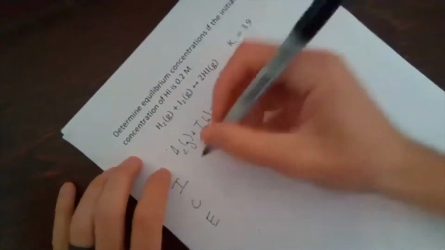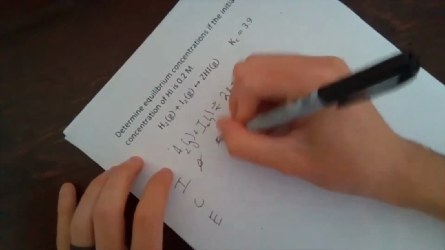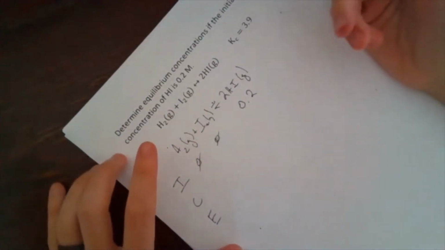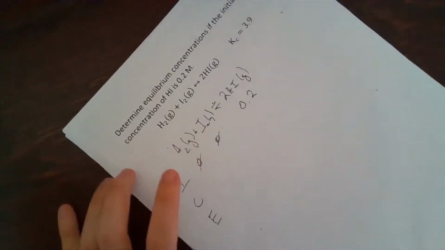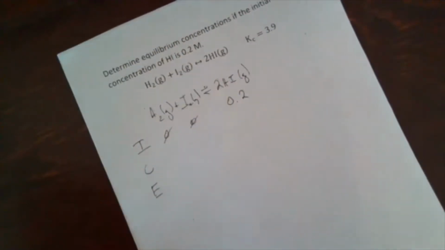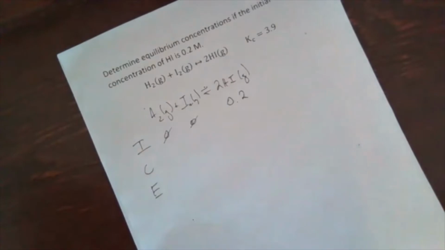That means we can assume there's 0. Basically, there's nothing given because they're not there. You prepare HI, you have your sample of HI, it's at 0.2 molar, and then you let it evolve and produce some hydrogen gas and some iodine gas.